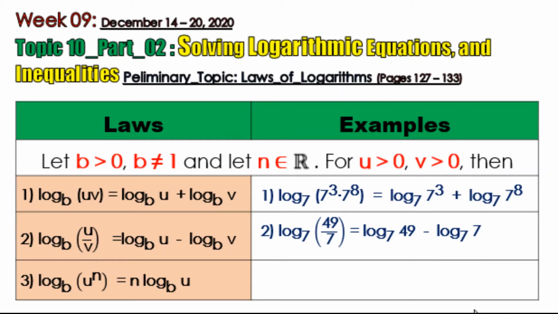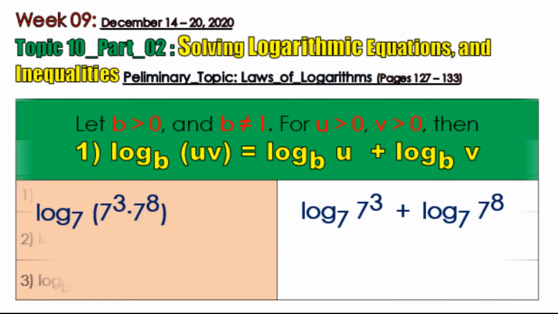And the last one, we have the logarithm of 7 raised to 5 to the base 7 is just equal to 5 times the logarithm of 7 to the base 7. So let us explain further the example of each of these laws of logarithms.